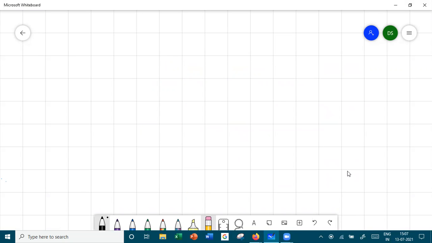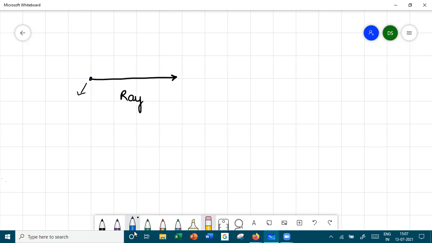Before we go on to angles and bisectors, etc., from coordinate geometry, let's just recap some terms. What is this called? Ray. Yes, this is a ray.